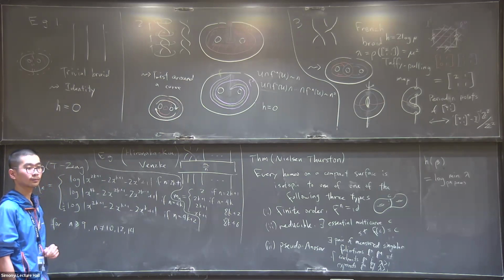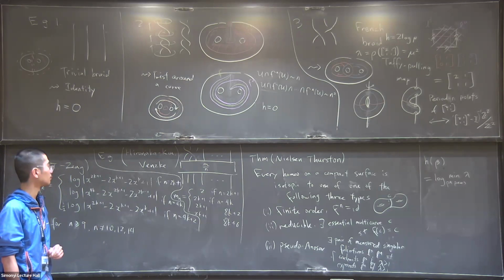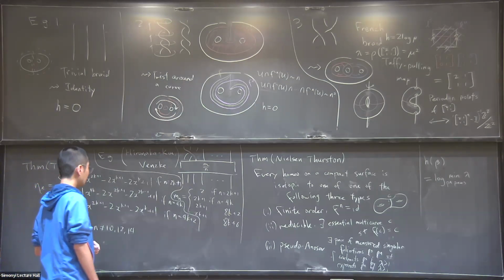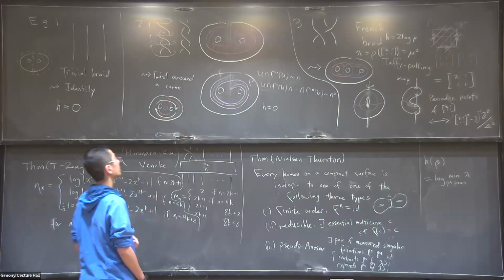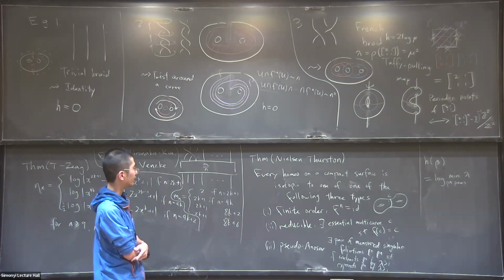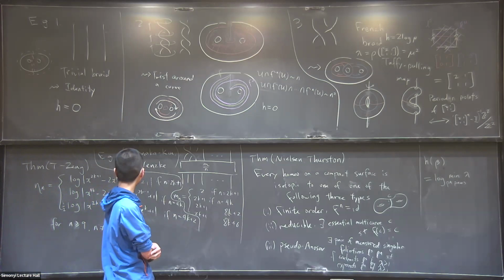Is anything known about the rest of the spectrum? So we know there's a gap between 0 and... So if you fix the number of strands, then it's actually discrete. Sorry, let me see if that's right.